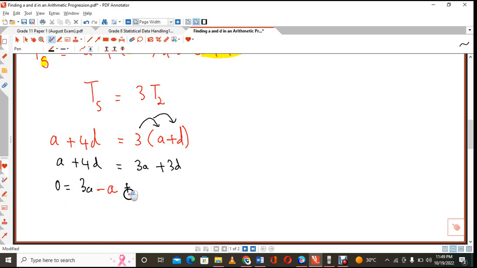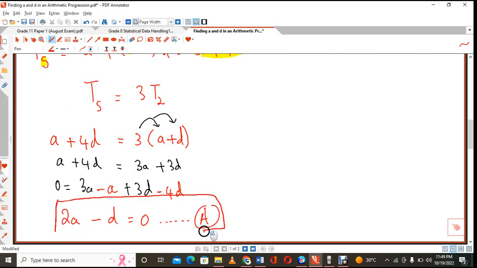And then I have plus 3D, and if I bring over the other one, I'm going to subtract 4D. Eventually, I'll have 2A minus D equals 0. Let's say that is my first equation.